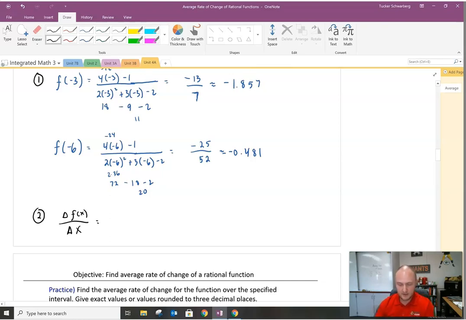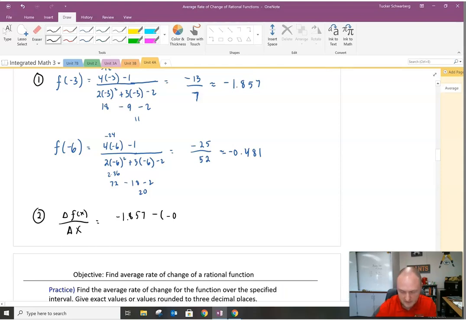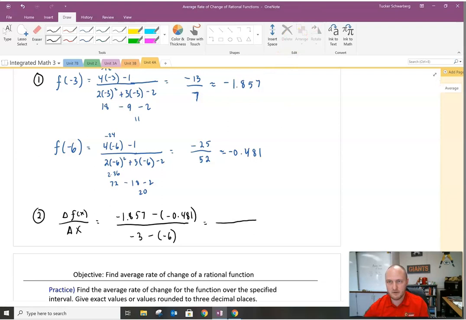So I can plug in y2, which looks like negative 1.857 minus negative 0.481 all over the change in our x values. So -3 minus -6.